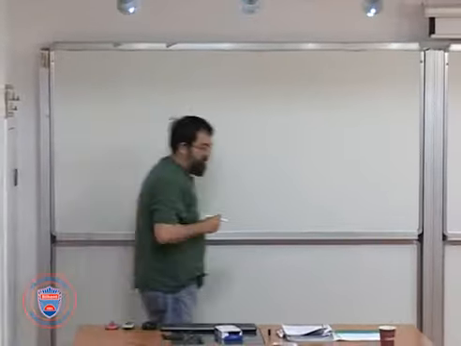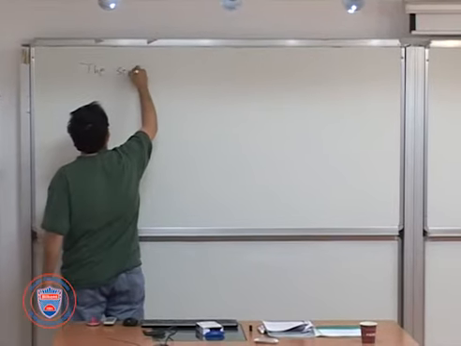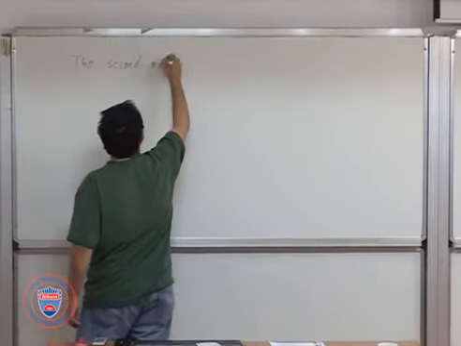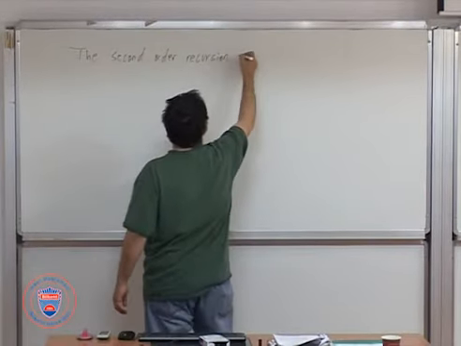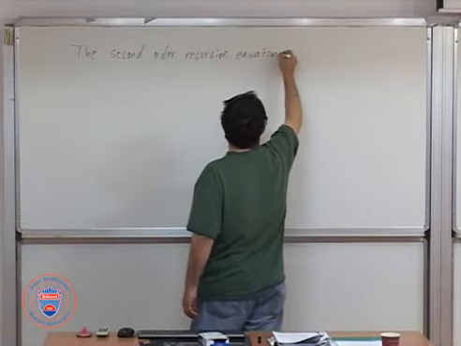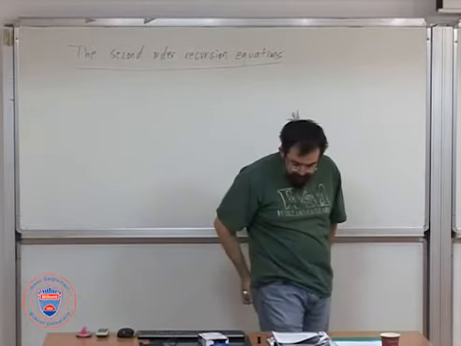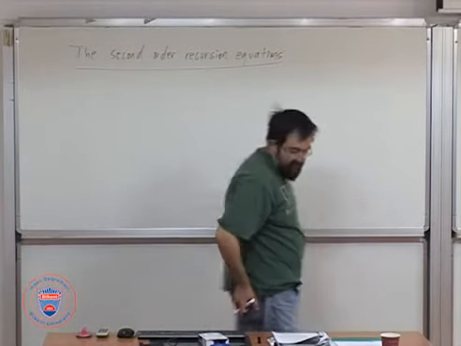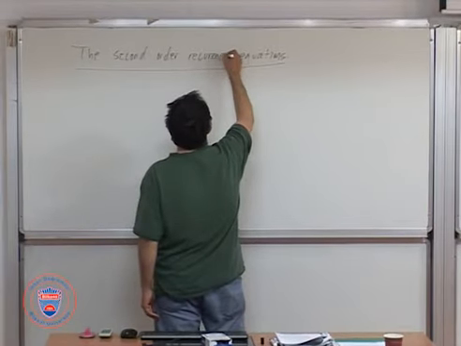Okay, so let's do the one case that we left last time. So this is second order recursion. It's actually recurrence, I guess. Recurrence equations.